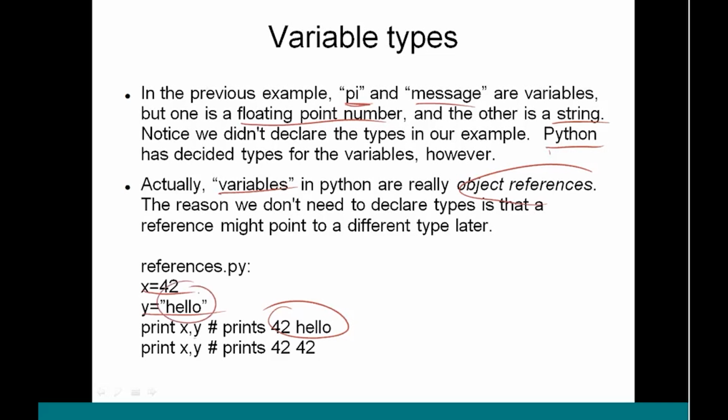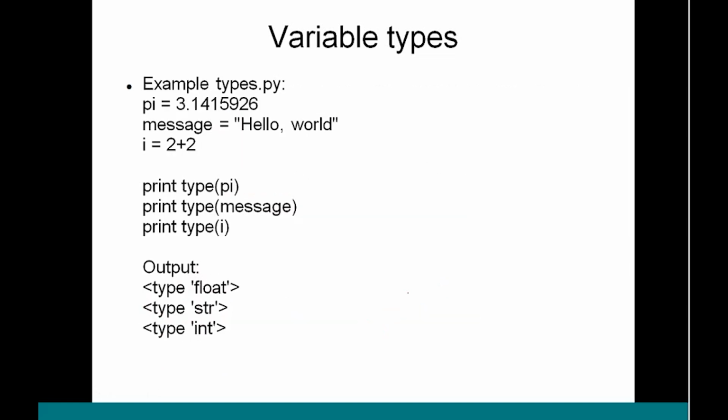There's another statement missing, which is y equal to x, and then when you do print x, y, it actually prints 42 and 42 because it has now changed the data type from the string back to an integer. So midway you can change the type of the particular variable. Again, this is another key concept with Python.